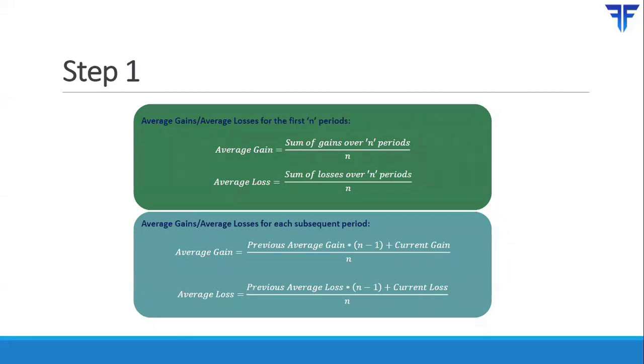So let me go through step one again. The first average gain and the first average loss that you calculate will be based on the simple average. Every subsequent average gain and average loss that you calculate will be based on the Wilder averaging system.